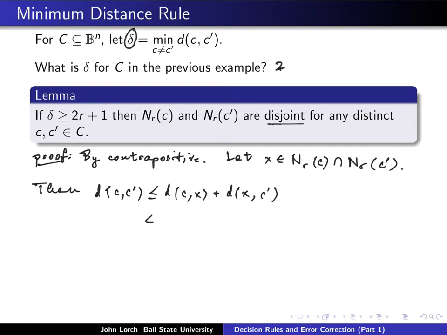But remember that X is in both of these neighborhoods of radius r, which means that the distance from C to X and the distance from C prime to X, both of those distances are less than or equal to r. And so that means that this distance is strictly less than 2r plus 1.